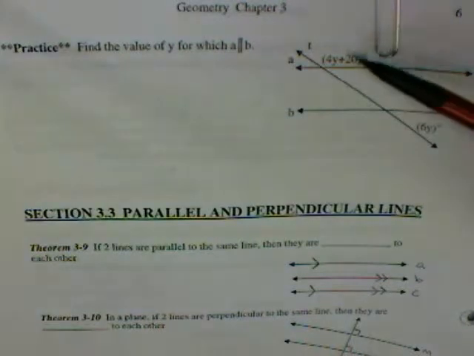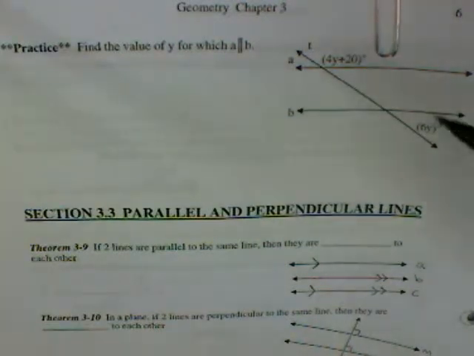Ask yourself, what kind of angles are they? And then the very next thing you should ask yourself is, are they a kind of angle that should be equal to each other? Or are they a pair of angles that should be supplementary? If they're equal to each other, you're going to set them equal. If they're supplementary, you're going to set them up so they add up to 180. So pause the video. Take a few minutes to figure that out, and then start the video again, and we'll show you the answer.